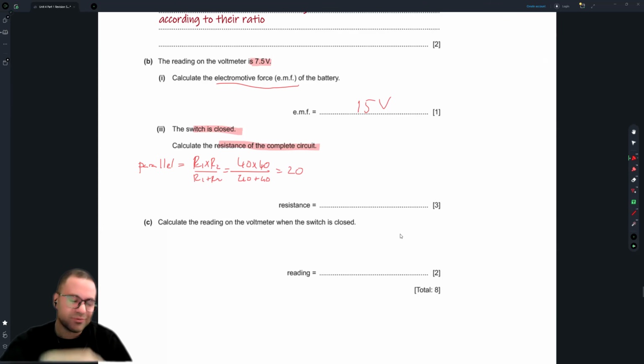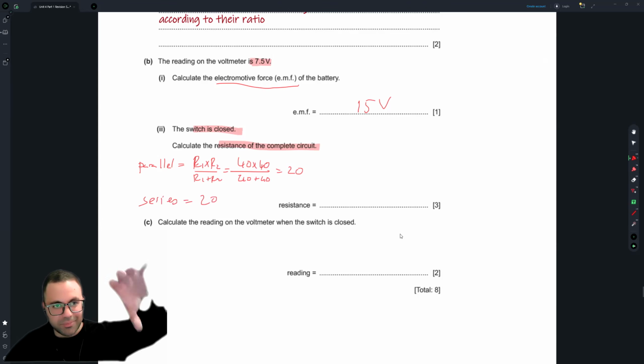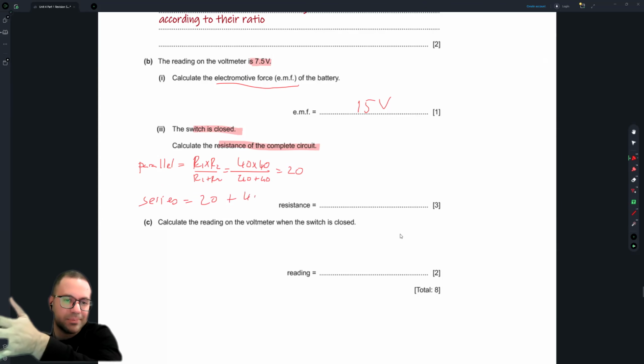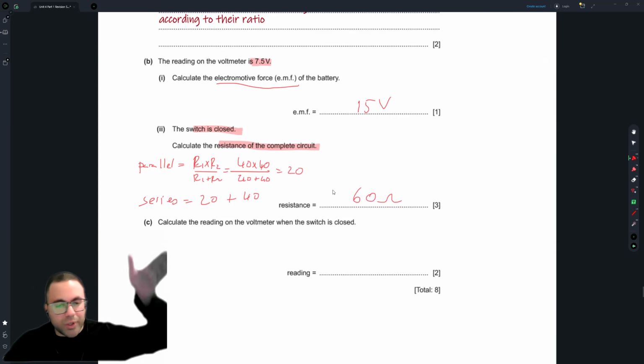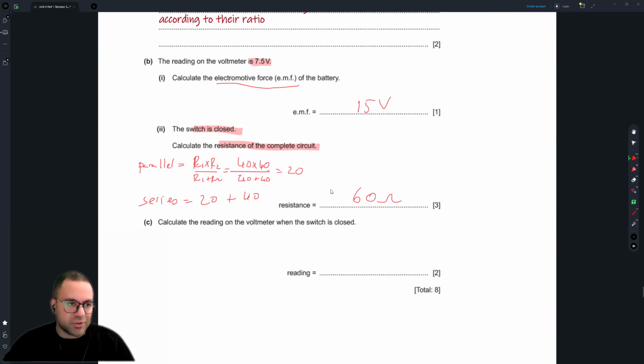So 40 and 40 give you 20. 30 and 30 give you 15. 5 and 5 gives you 2.5. But then I need to add it to the series resistor. So the 20 ohms, the combined 40 and 40, plus the 40 for that separate resistor. This gives you a total of 60 ohms. Knowing what to sequence and when is important.